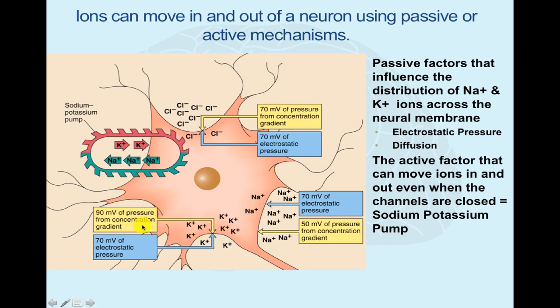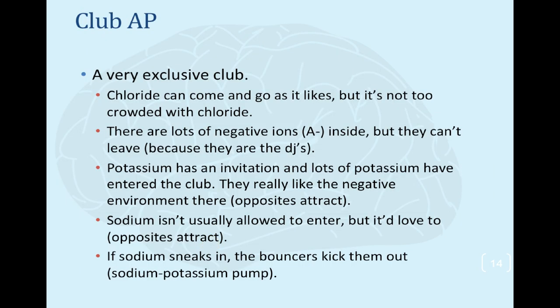Same thing here with potassium. The electrostatic pressure wants to move potassium in because it's a positive ion, wants to go inside where it's negative, but there's already a lot of potassium inside the cell, and so the force of diffusion would want it to move outside. To understand this a little bit, we can use an analogy of a nightclub.